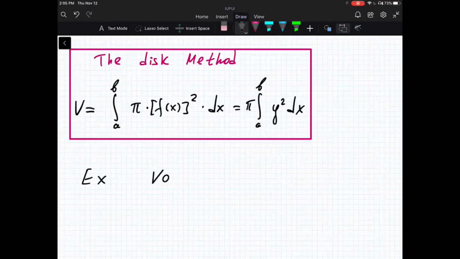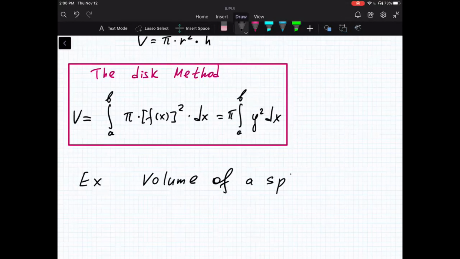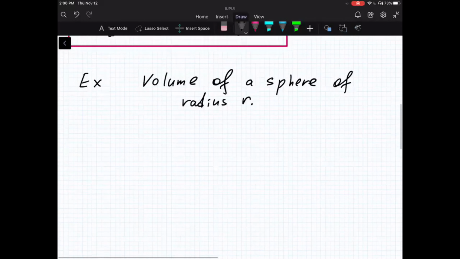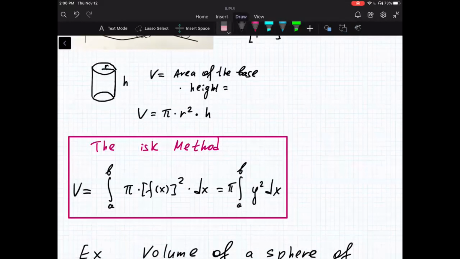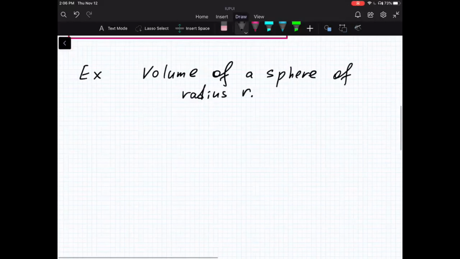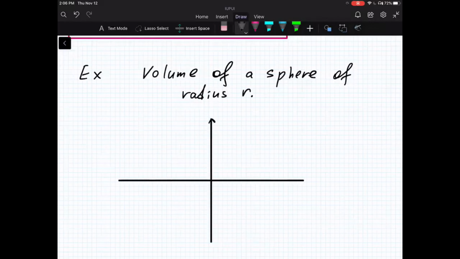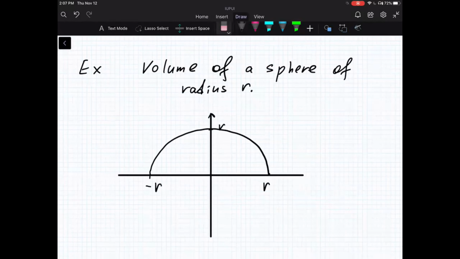And let's do some examples. Let's calculate the volume of a sphere of radius r. So how do we apply this disk method in our case? Let's consider half of the circle of radius r. So this will be my r, this will be my minus r.